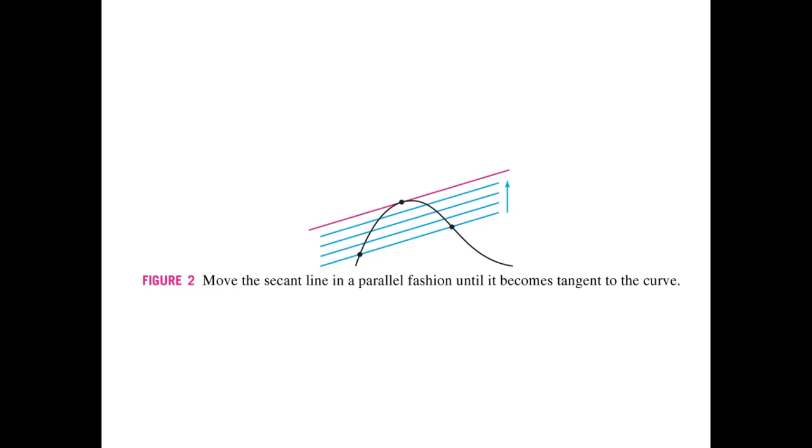If you drew parallel lines up here until you reach some point, because the function has to be smooth and continuous, there's got to be some point where it becomes a tangent line. Almost sort of like our limits before, but not quite. Move the secant line in a parallel fashion until it becomes a tangent line. That's another way you can look at this.